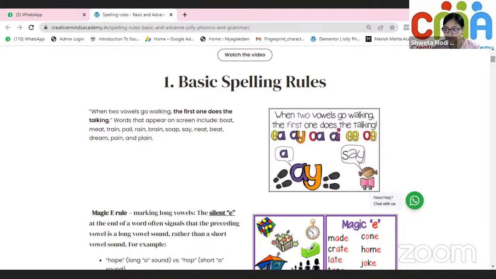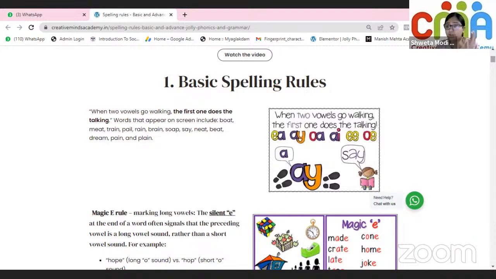Teachers, or parents who are watching this, I would like to tell you that when you teach these spelling rules, you have to go slow. It's not that today I am teaching this spelling rule to my child and he will catch up.